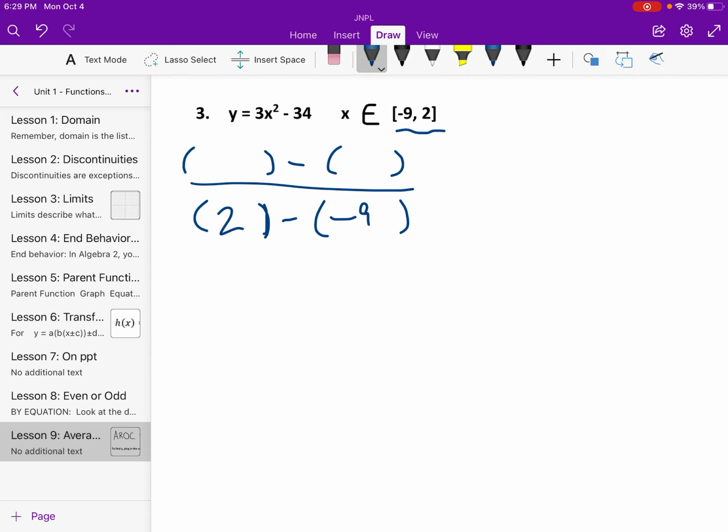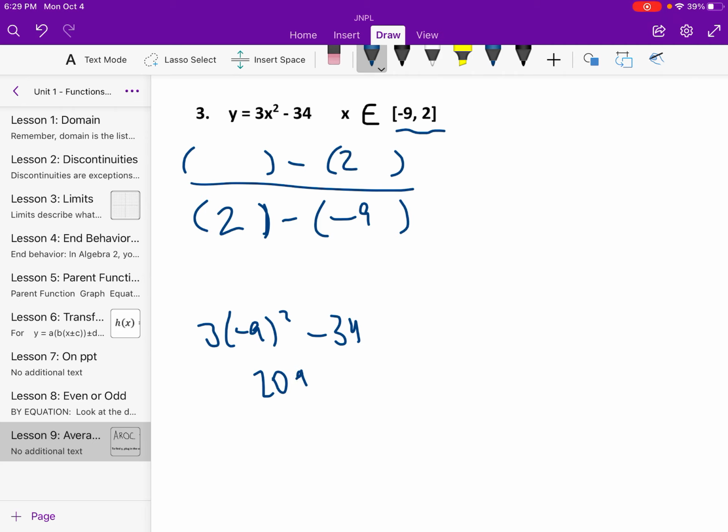But what we need to do to find the y values is plug in these x values into this equation. So we have 3 times -9 squared minus 34. So let's see what that is. Pulling up my calculator, that would be 81 times 3. That is 243 minus 34, 209. Okay, so we're getting kind of strange numbers.